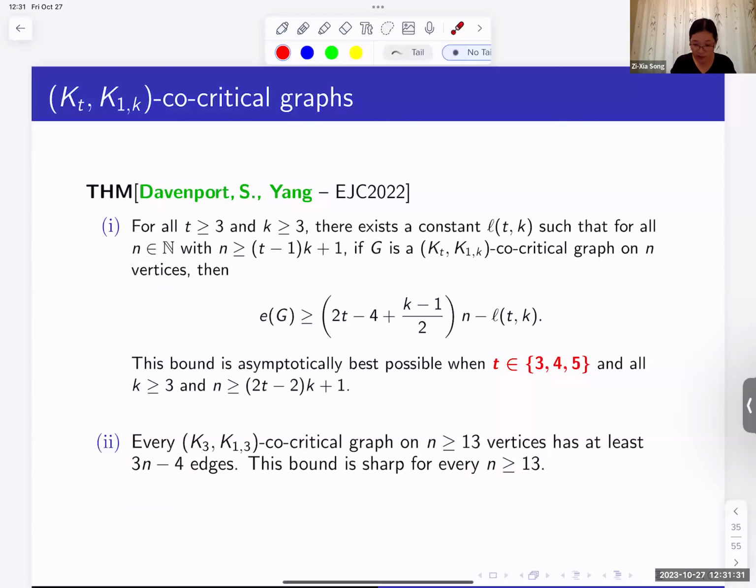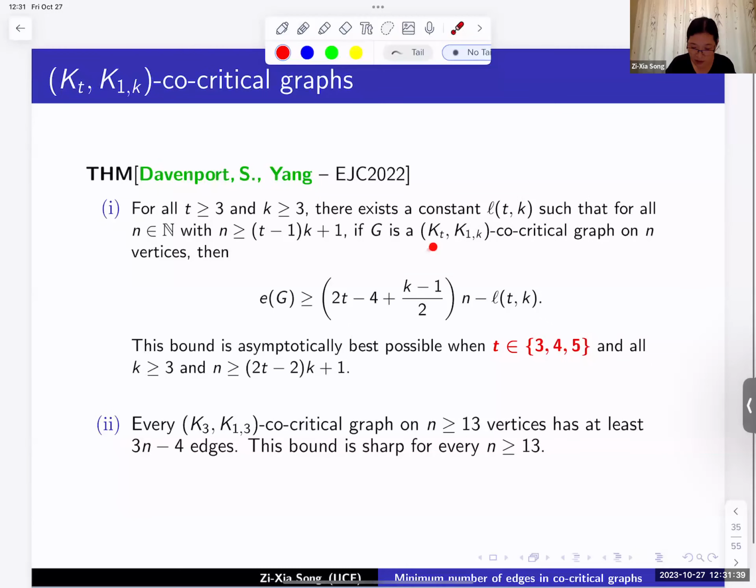Then with a PhD student from Shandong University, we were able to complete it for any star here, but for the sharpness, we can only do up to T equals 5, complete graphs up to 5 vertices, because the construction comes from my K_t, T_k construction.